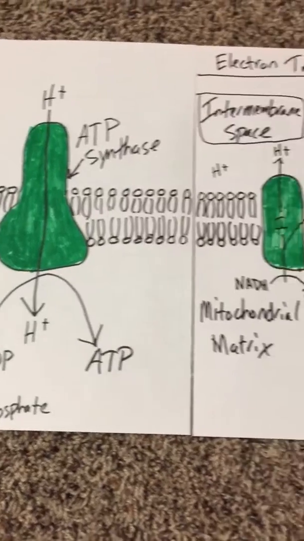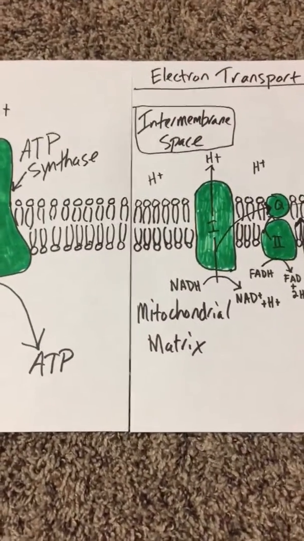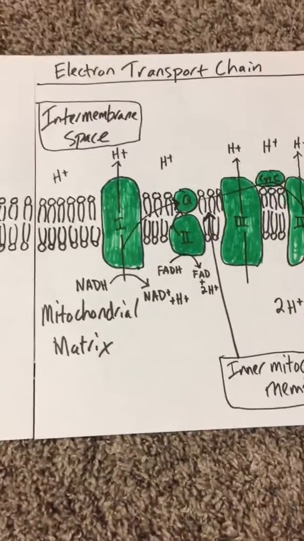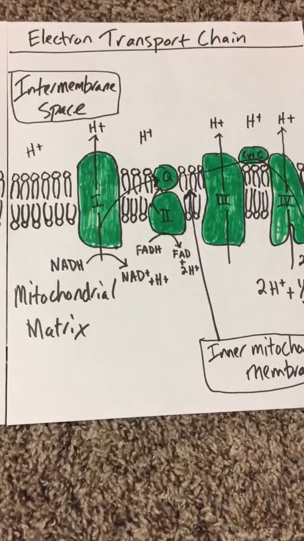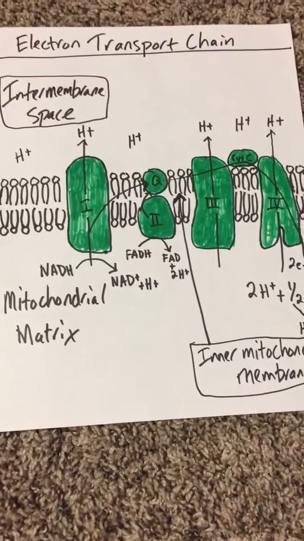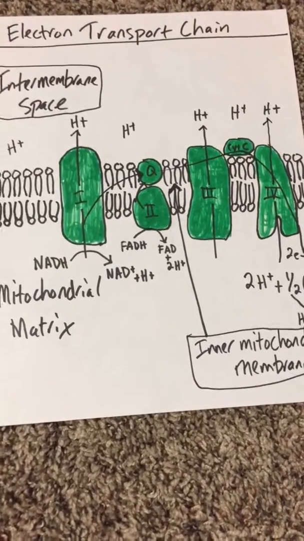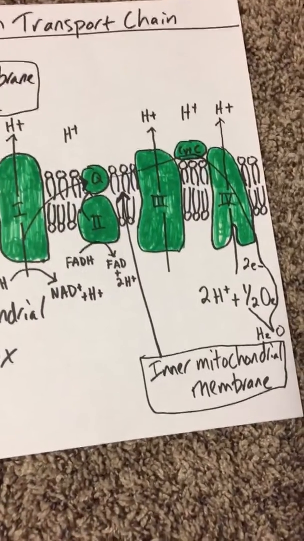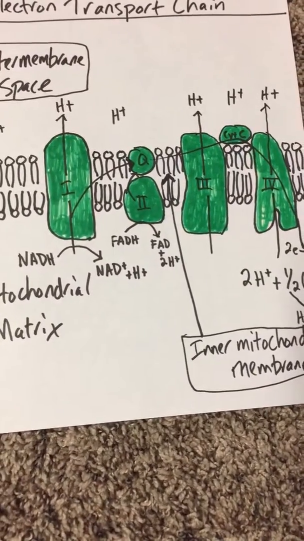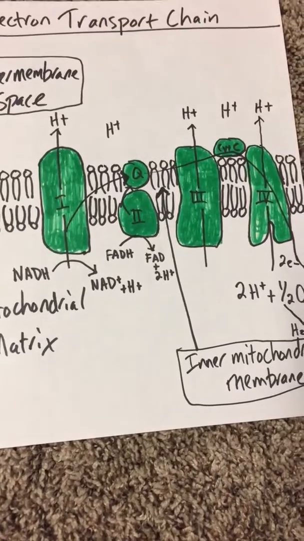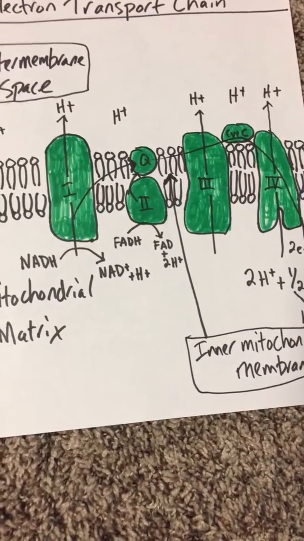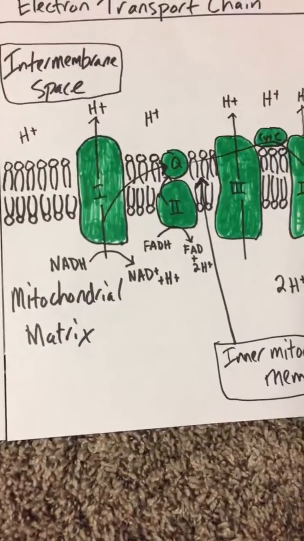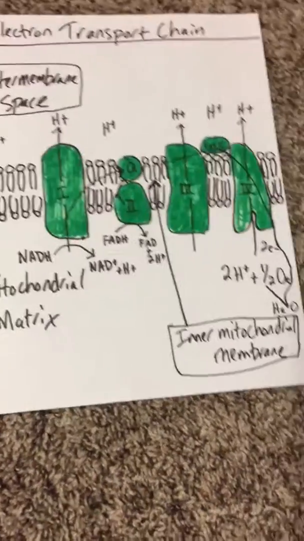We're talking about the electron transport chain. The beginning process includes the delivery of electrons by NADH and FADH2 that transfer their electrons, turning back into NAD+ and FAD, which can be reused in other steps of cellular respiration.